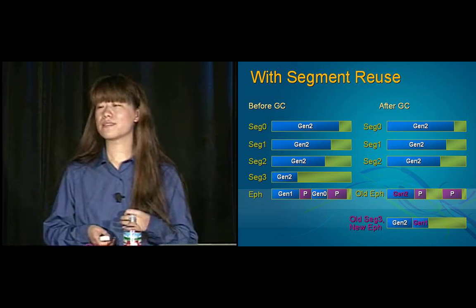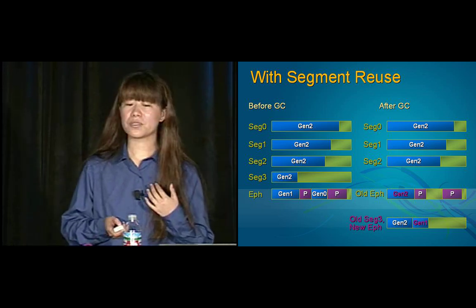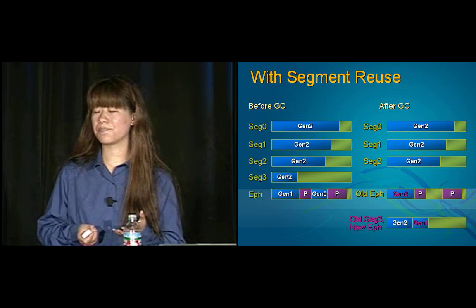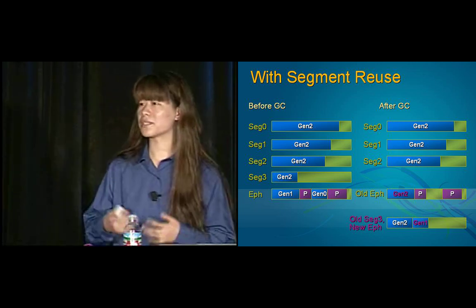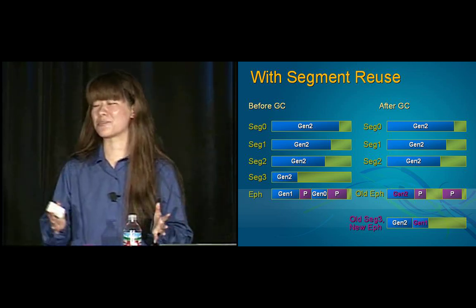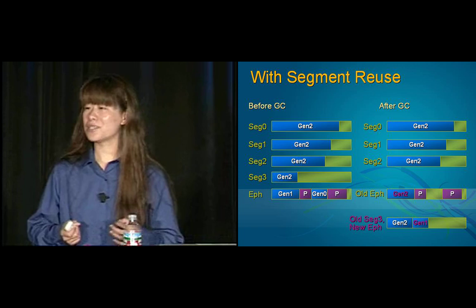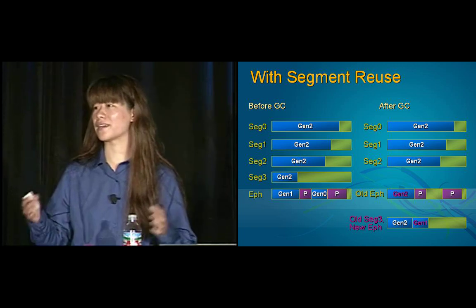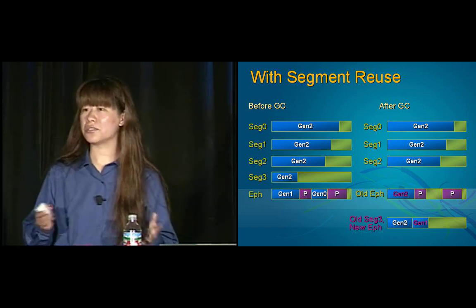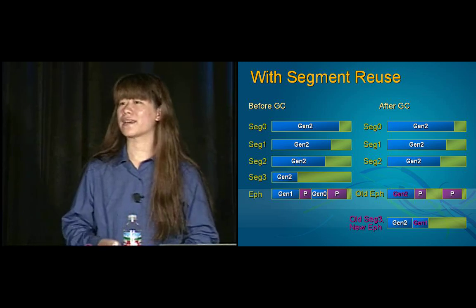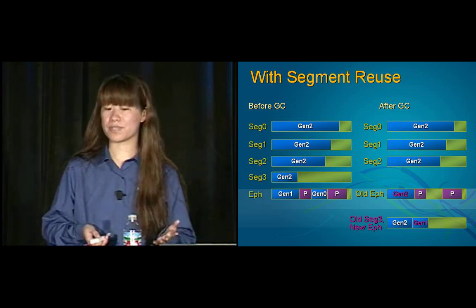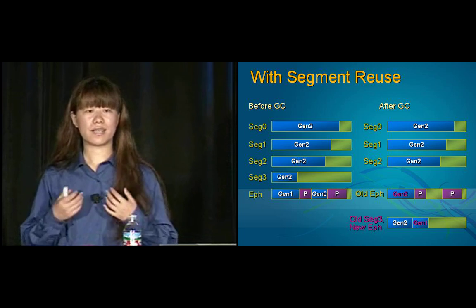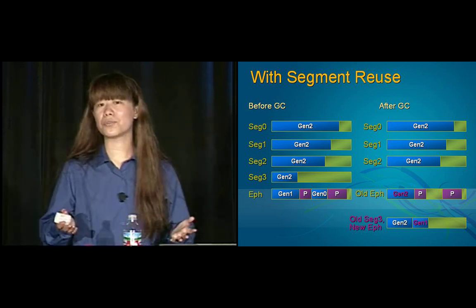So I'm going to make this segment 3 into my new ephemeral segment. This is a simplistic view of what really happens, but the principle is the same. Basically, you find a Gen 2 segment that can accommodate the new ephemeral generations and make that Gen 2 segment into a new ephemeral segment. So in this case, we saved a whole new segment.